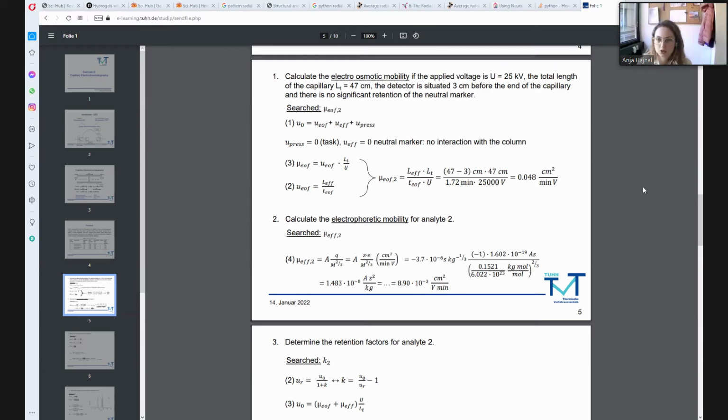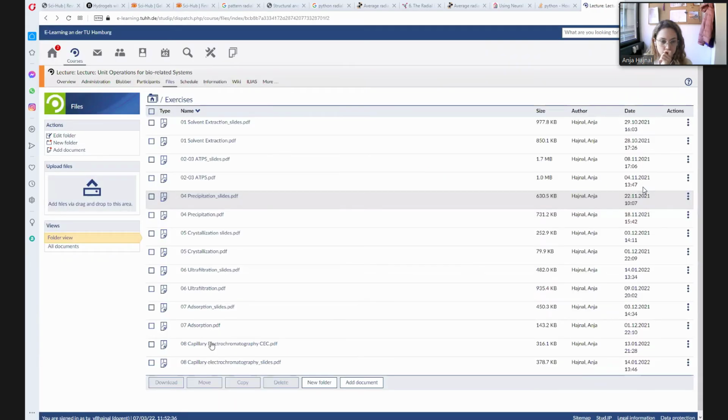Oh wait, sorry, I need to take a small look into the actual task. Just a second. I will stop sharing for a second just to try to find my files, or maybe we can actually do it from here instead.